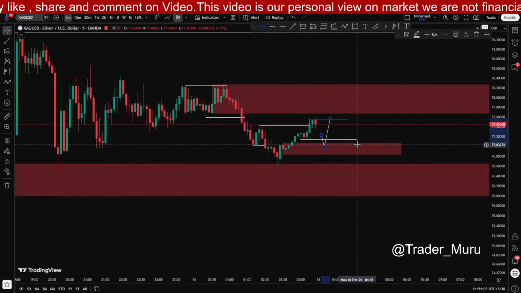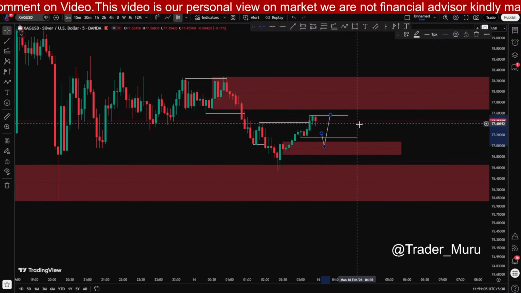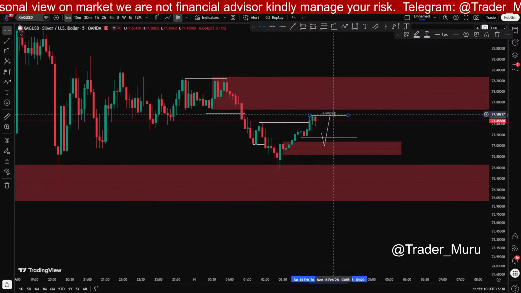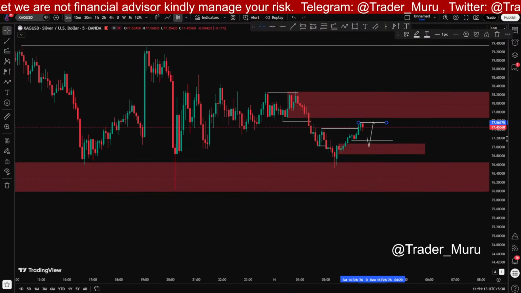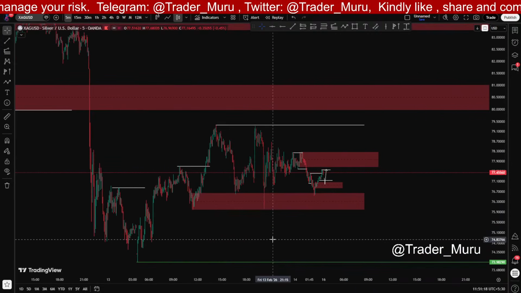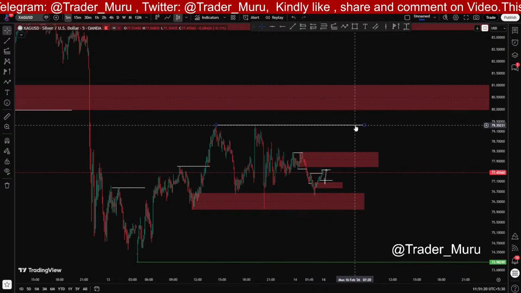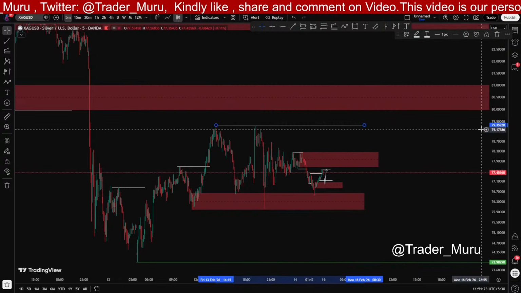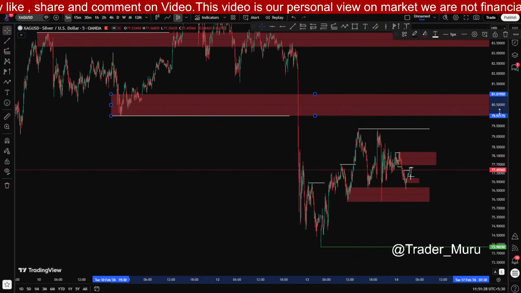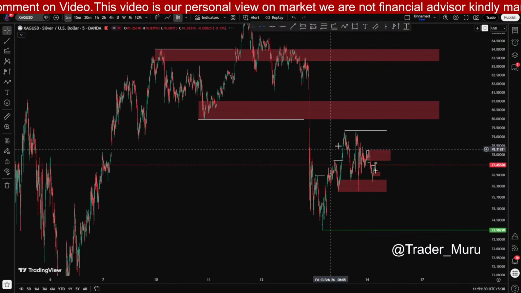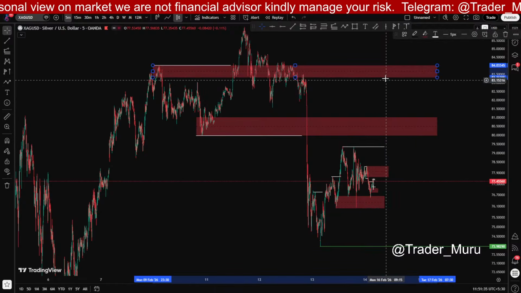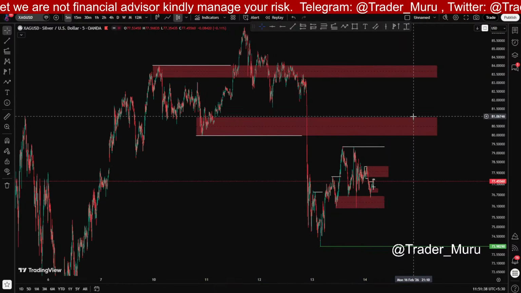So this is the immediate position after opening. Possibly it can drop to here, again rise to test this high. Better position after the break of this low, as it is still bullish and it should target 79 first. And from this zone, 79.9 to 81, I will expect it to reject first and then this area. These two are swing short zones.